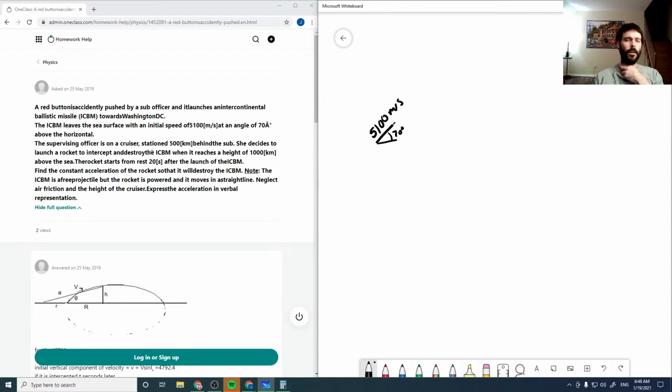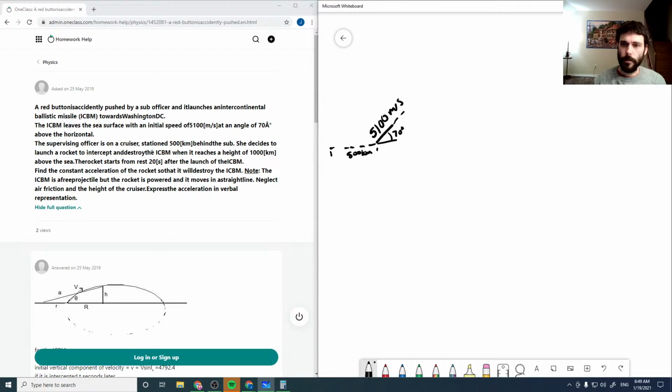The supervising officer is on a cruiser, 500 kilometers behind the sub. She launches a rocket to intercept and destroy the ICBM when it reaches a height of 1,000 meters. 1,000 kilometers, sorry.